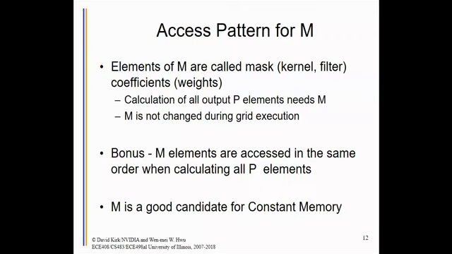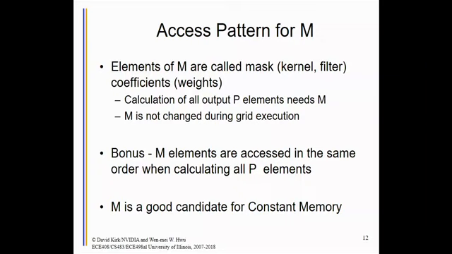So M is small, okay? In our previous example, M is a 5 by 5 small matrix, 25 elements, whereas the images can be big. High resolution images are oftentimes today 2K by 2K pixels, right? So these are huge things, millions of pixels. But the same 25 will be applied to a large number of pixels, right?